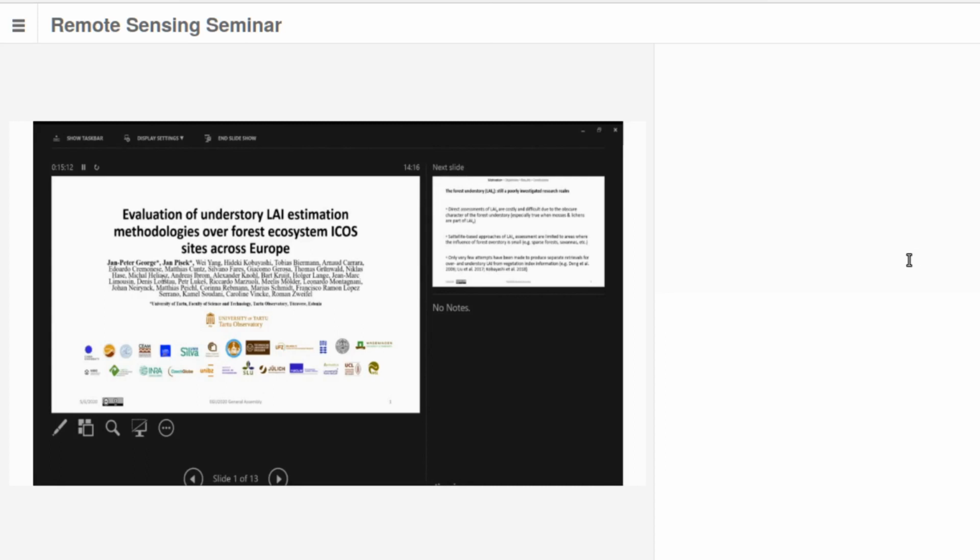I added some more information in this presentation, but the core is the same that I showed last week. As you can see from the introductory slide, there were many institutions involved. We are also going to submit this work in the very next days as a manuscript draft to Agricultural and Forest Meteorology.